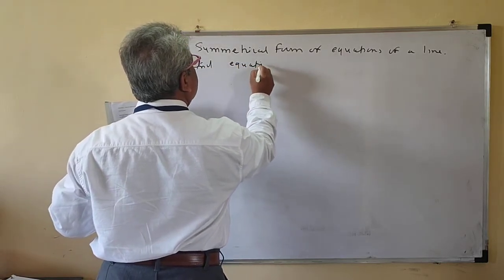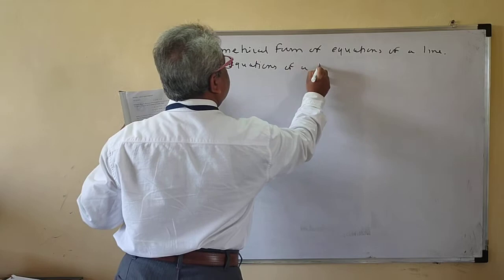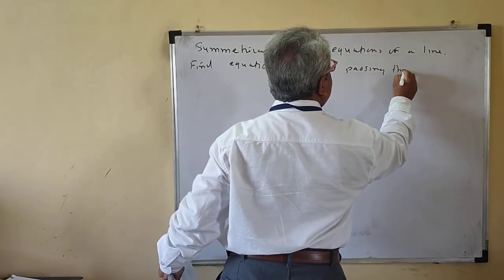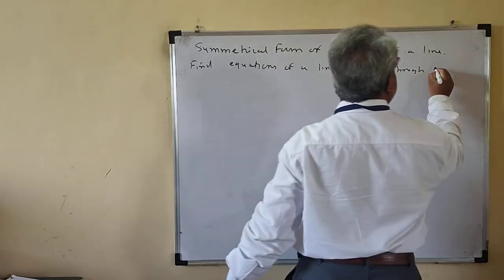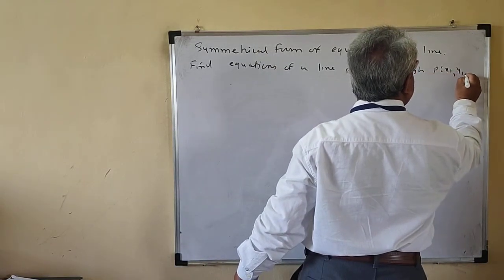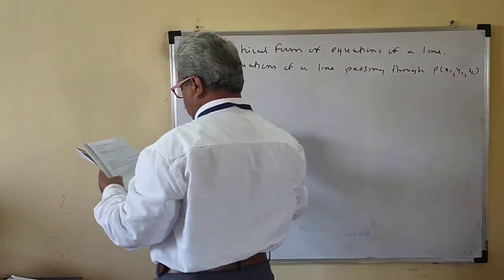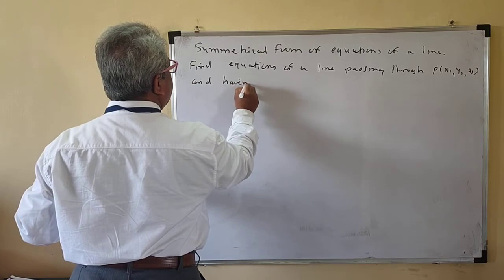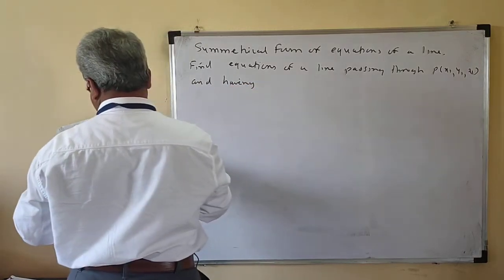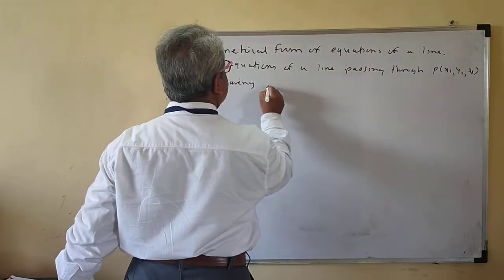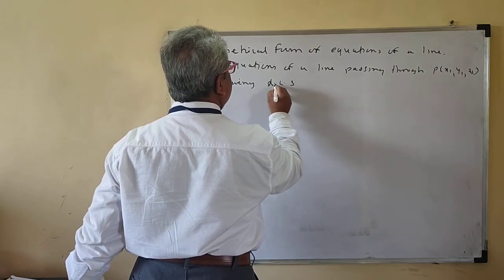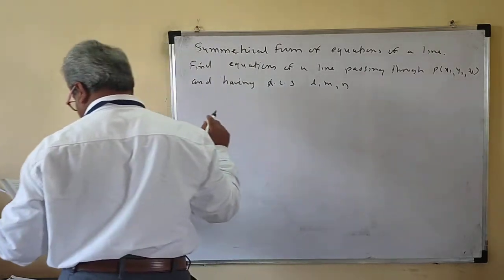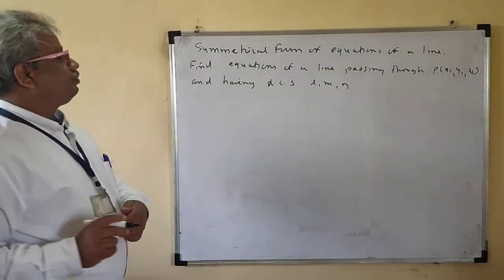Find the equation of a line passing through P(x1, y1, z1) and having DCs l, m, n.